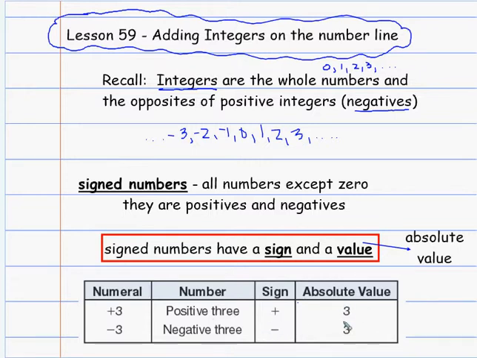And the absolute value, and we're going to talk about this in a little more depth in a second, is 3 and 3. So you can see that we basically break these numbers apart. It has a sign and a value, a sign and a value.